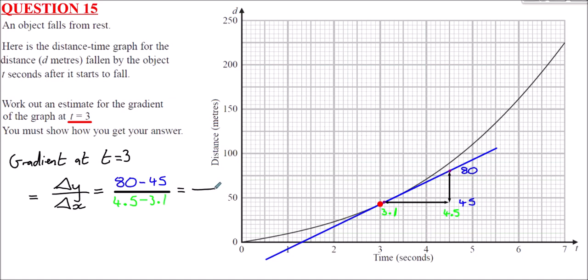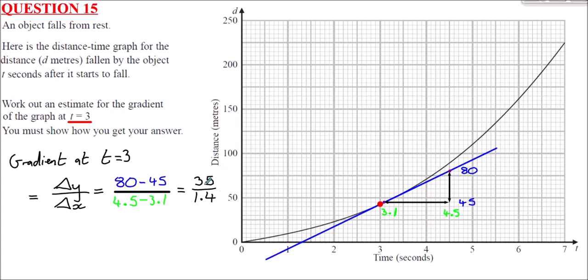So we can neaten this up. So 80 take away 45, that's 35. And 4.5 take away 3.1, that's going to give us 1.4, like so.